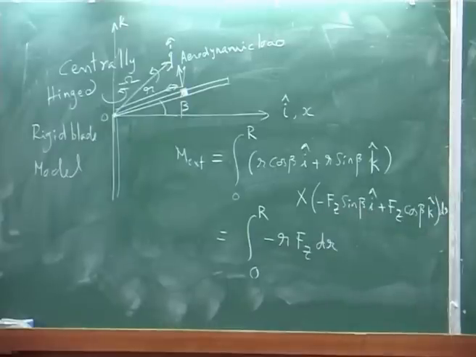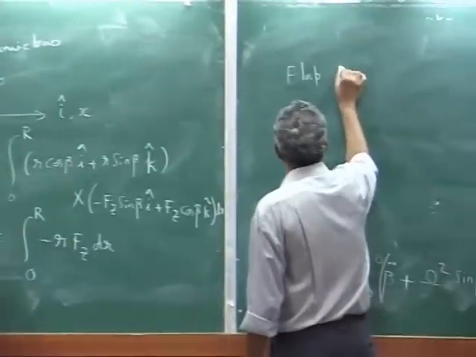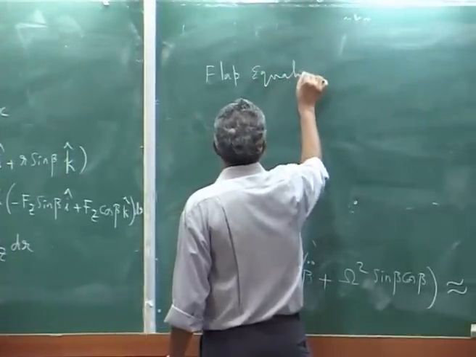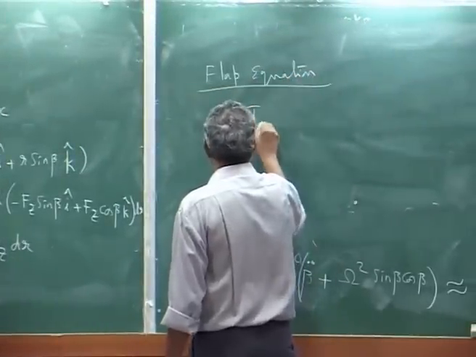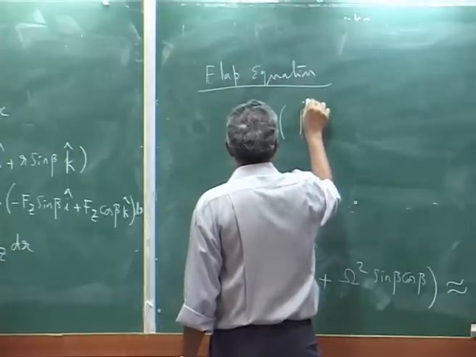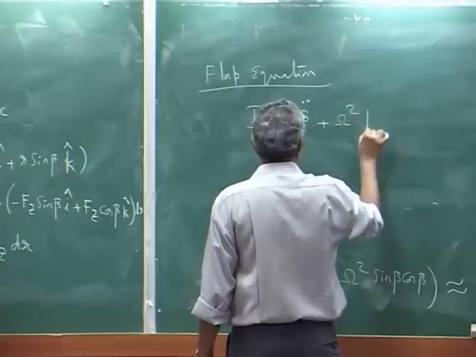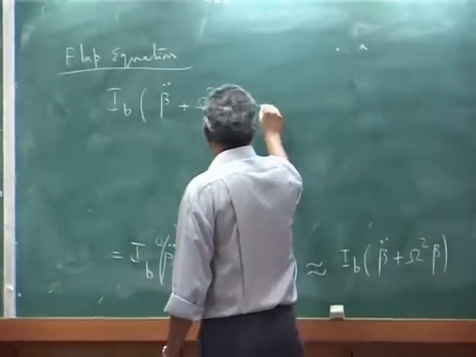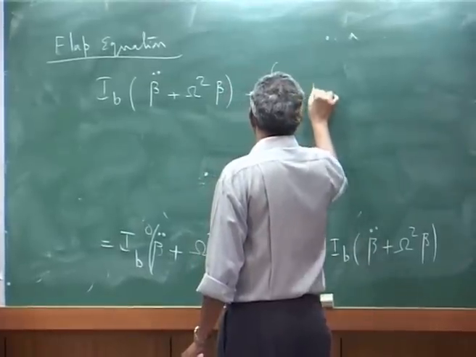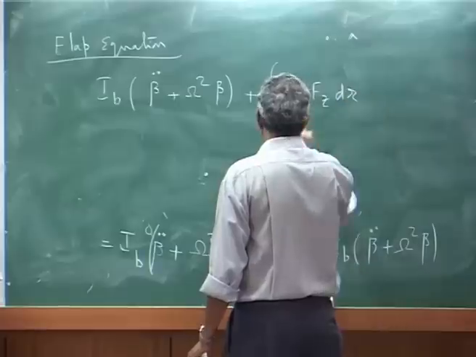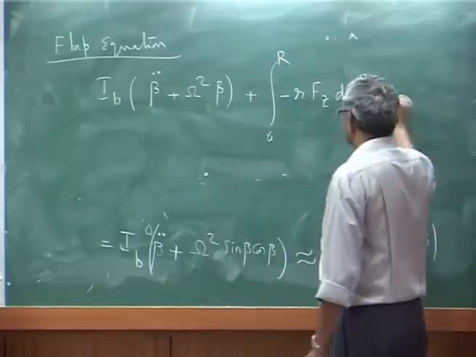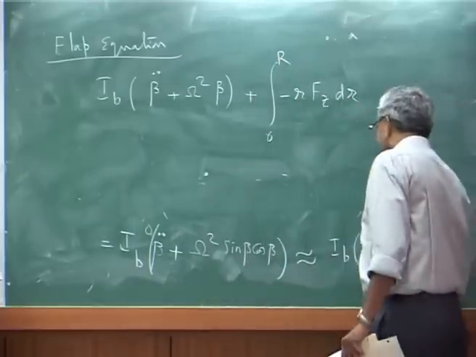Now I add both inertia and aerodynamics and write my flap equation, which is IB beta double dot plus omega square beta plus the integral of R Fg dr equals zero. This is my equation.